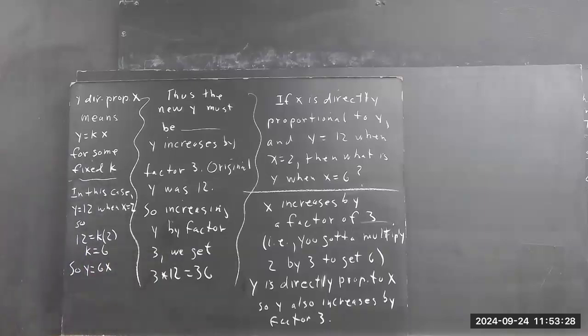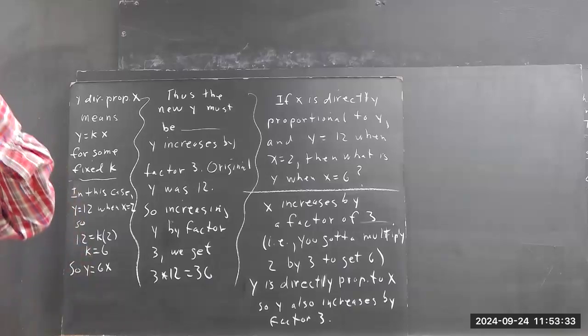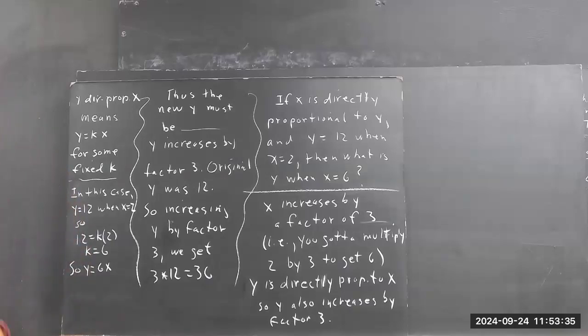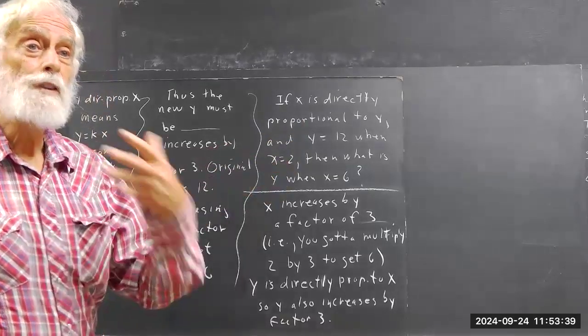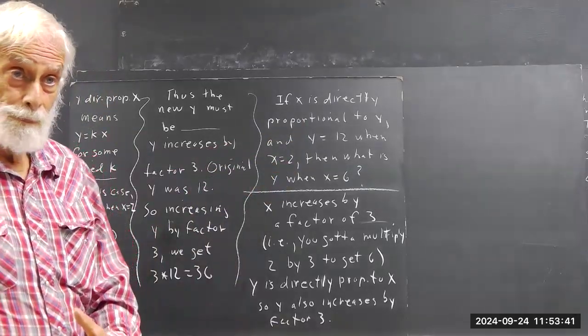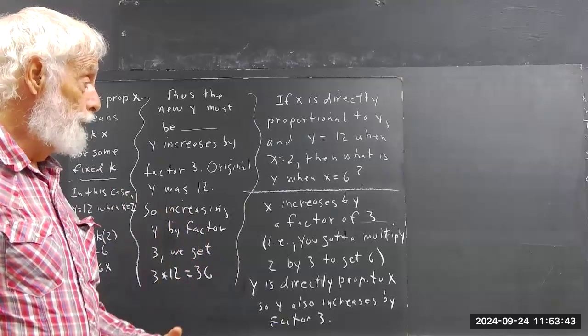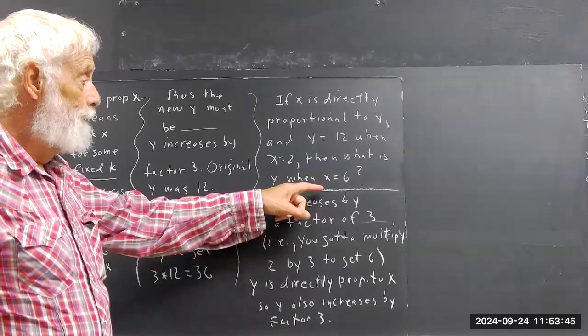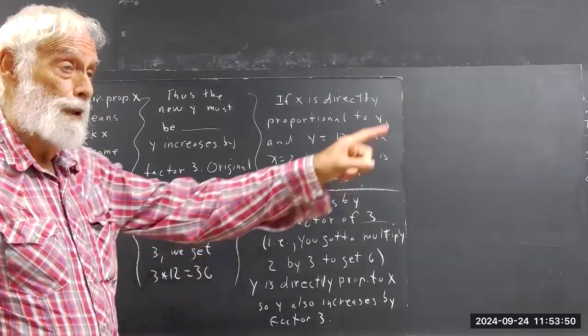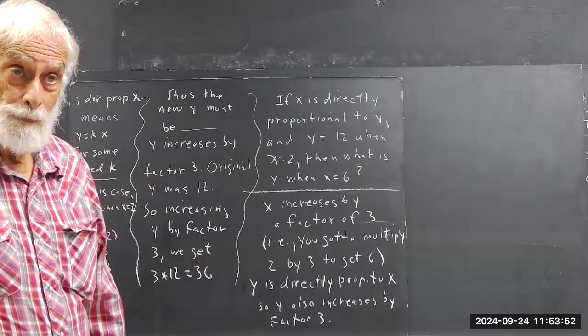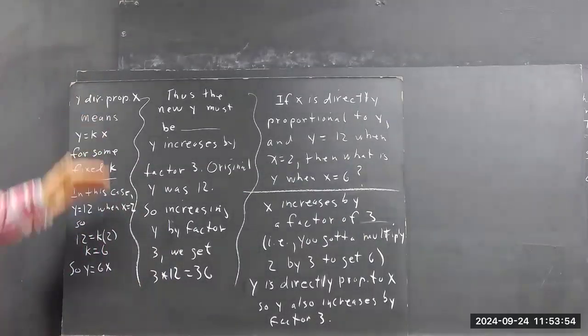Y equals kx becomes y equals 6x. Okay? It's another way of looking at it. Y is 6 times as big as x, and y's got to stay 6 times as big as x. If x is 6, 6 times that is 36. There's your answer. But this is a way to formalize it with equations.